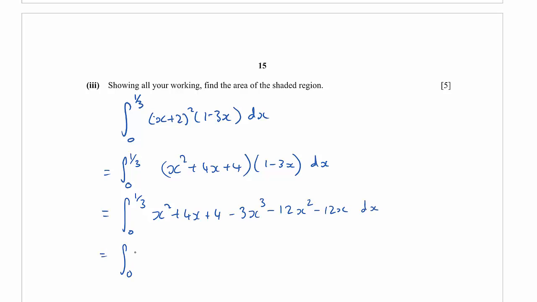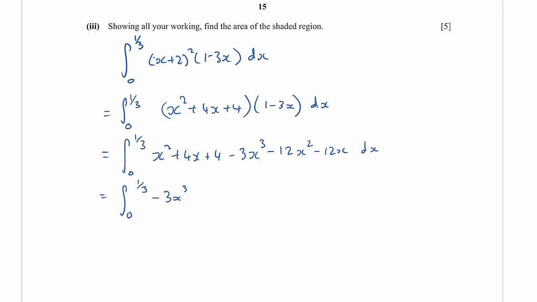So that's the integral from 0 to 1/3 of minus 3x cubed. Now with the x squareds, I've got to collect the like terms, so I've got minus 11x squared, so that's from there and there. Then with the x's, I've got an x here and I've got an x there, so that's going to give me minus 8x. And then I've got the constant, which is plus 4.